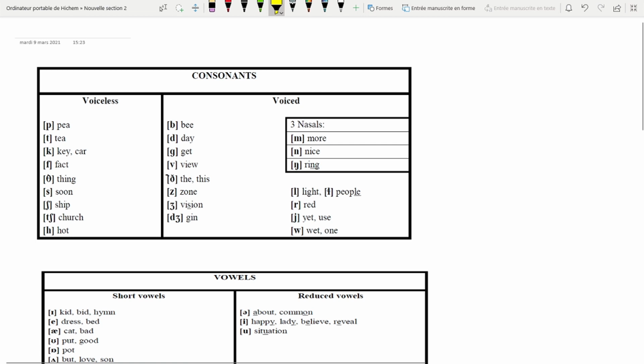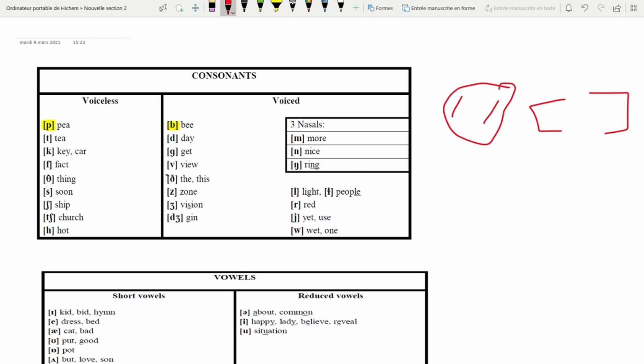The way we transcribe is using square brackets. When you say square brackets, it means you are speaking about phonetics. When you are using slashes instead, it means this is phonology.